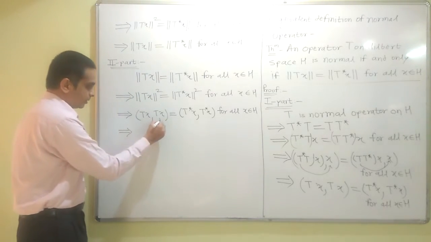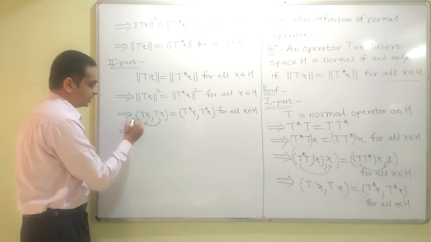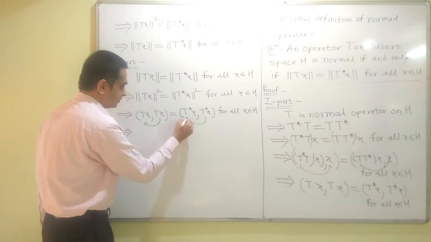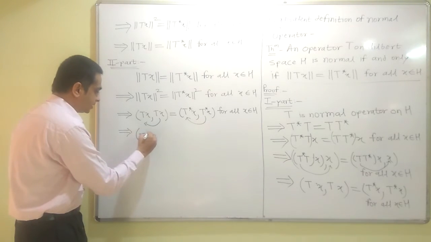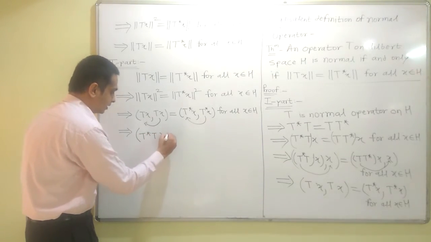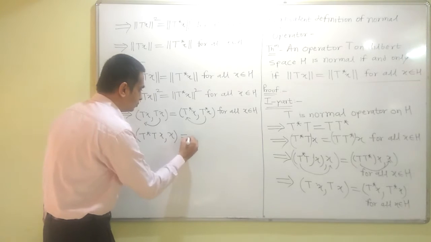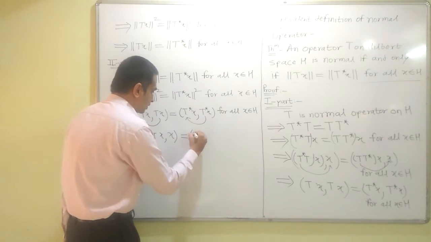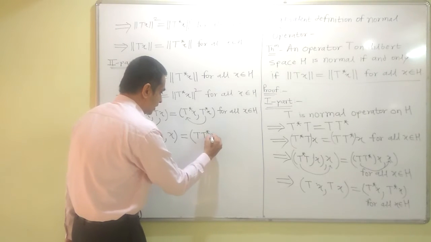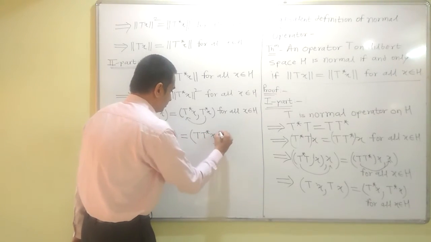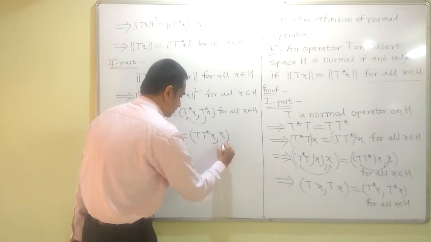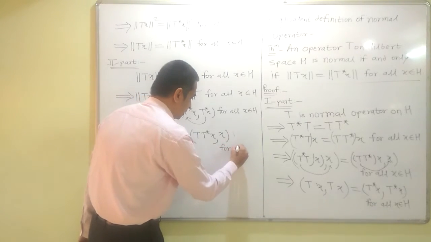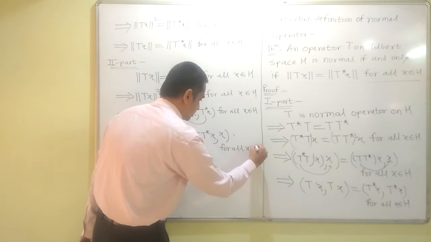So now, by the properties of adjoint, let us shift this and let us shift this over here. So what we will get is this: inner product of T star Tx and x is equal to, now this will become T T star x and x, for all x belongs to H.